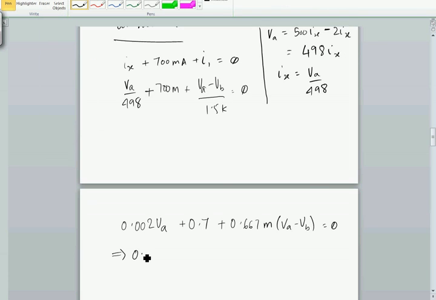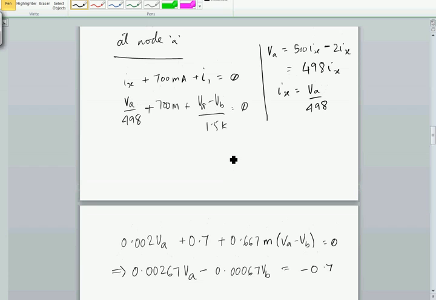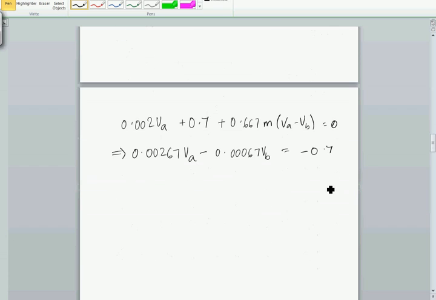So 0.00267 VA minus 0.00067 VB, which is 0.667 milli, is equal to negative 0.700 milliamp. Okay, this will be our equation number 1.